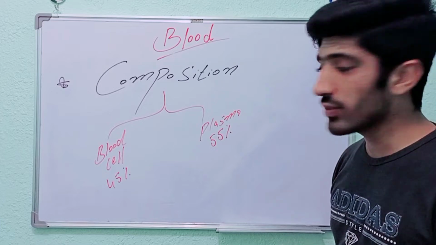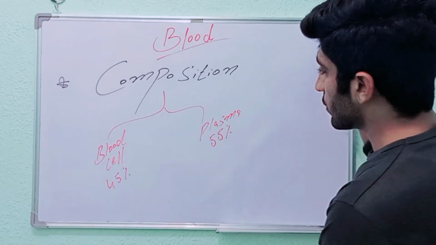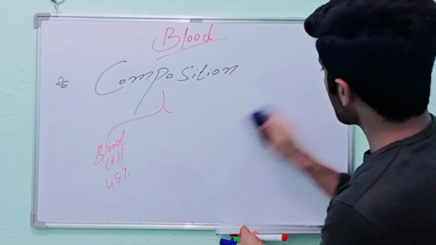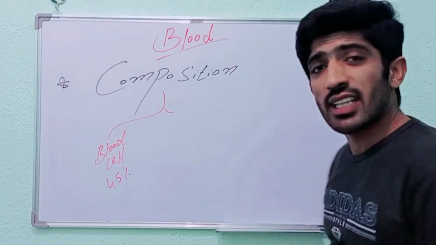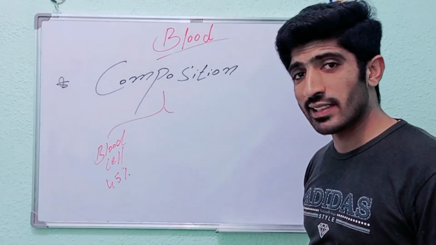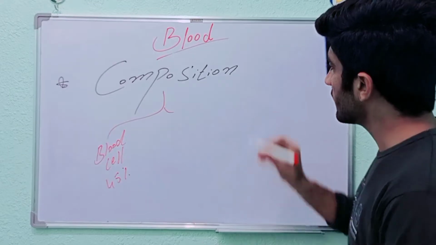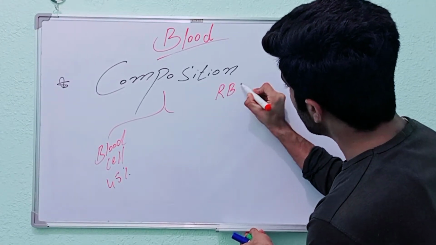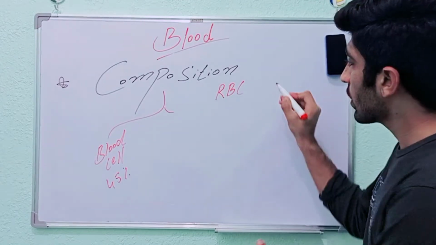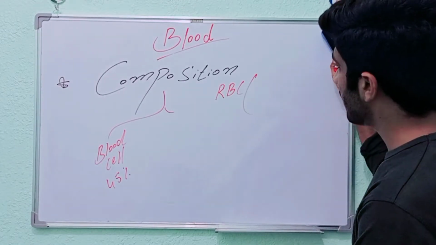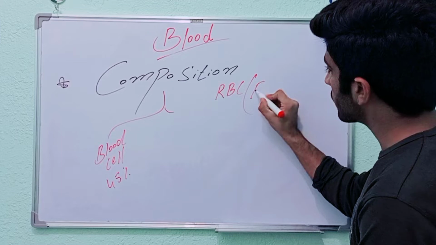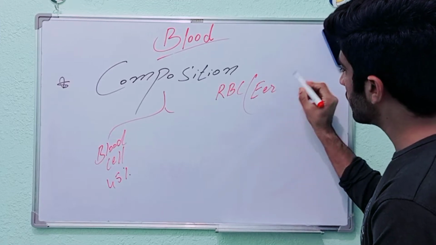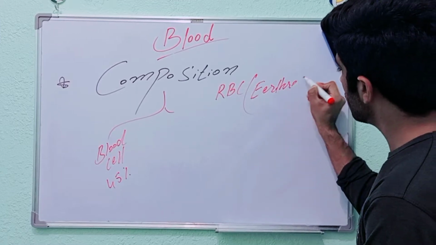First of all, we have to discuss blood cells. Three types of blood cells are present in the blood. First is red blood cells, RBC. The second name of red blood cells is erythrocytes.